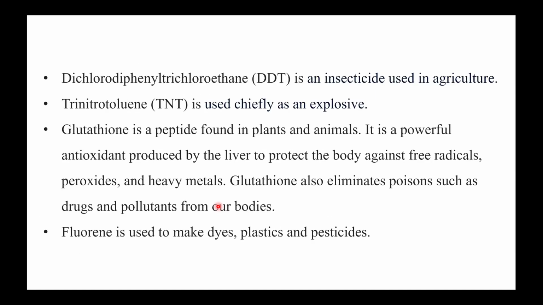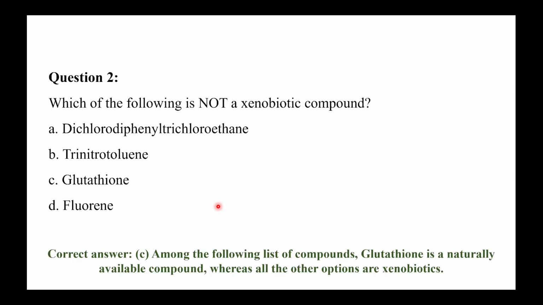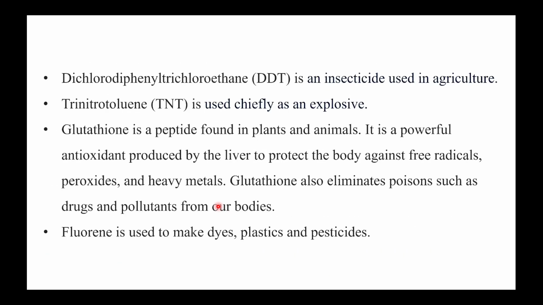Okay, so the other options that were there: dichlorodiphenyl trichloroethane, which is basically DDT, is a very commonly used insecticide in agriculture. Whatever agricultural produce you are getting and consuming, if it is treated with these kinds of insecticides, those insecticides are also getting into your system.